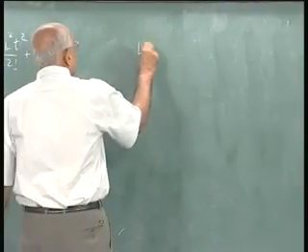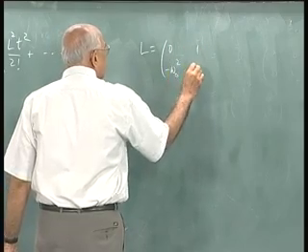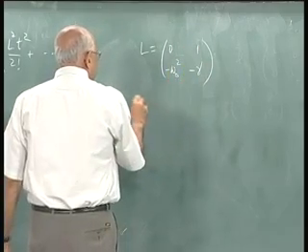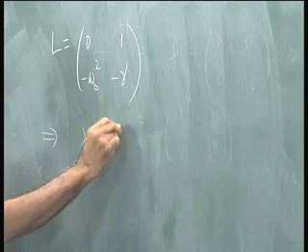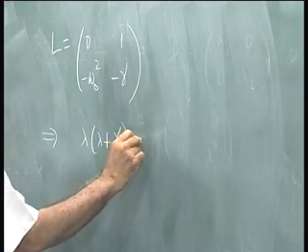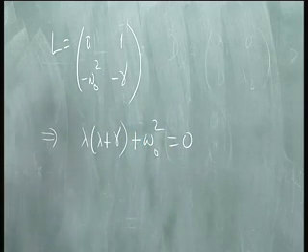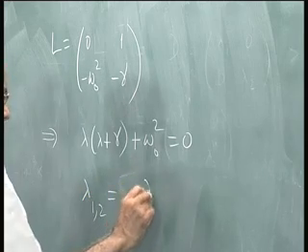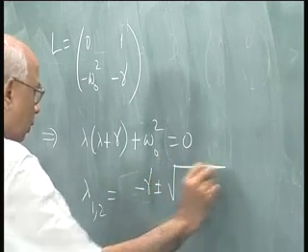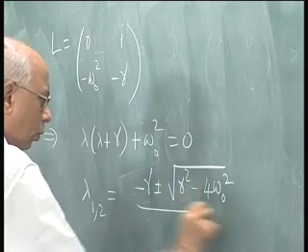Our matrix L was 0 1, minus omega naught squared, minus gamma. That implies that lambda times lambda plus gamma plus omega naught squared equal to 0. Now that is the secular equation, and the roots are lambda 1, 2 equal to minus gamma plus or minus square root of gamma squared minus 4 omega naught squared, over 2.